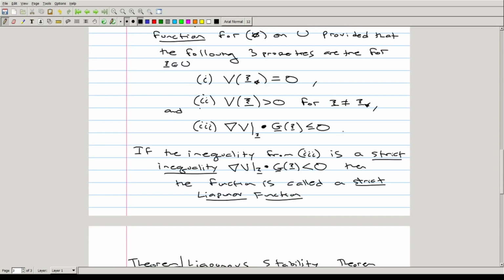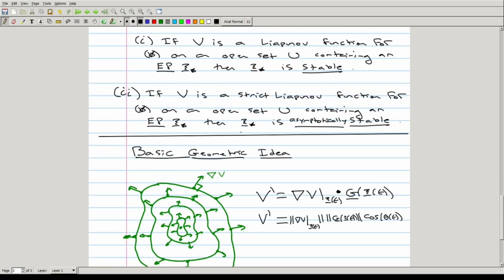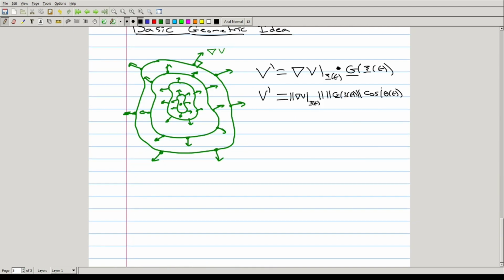And from the third condition, if this is less than or equal to 0, that means that cosine of theta of t has to be less than or equal to 0.